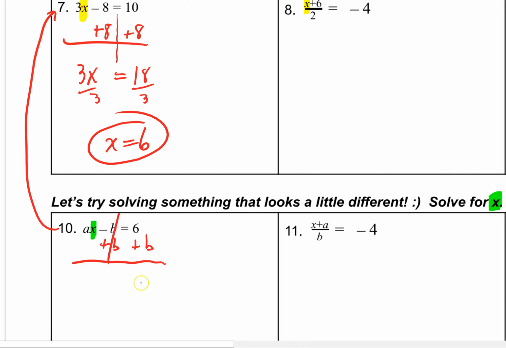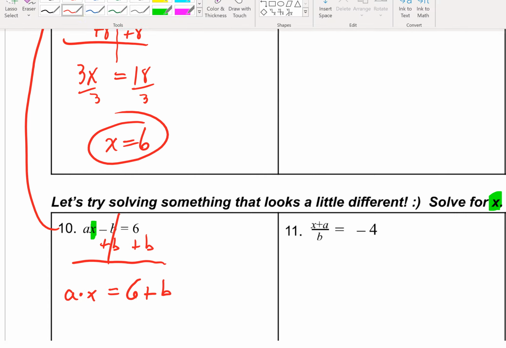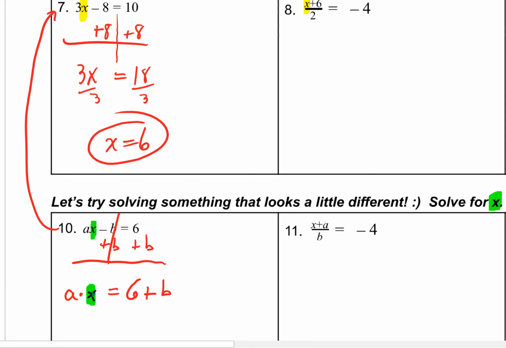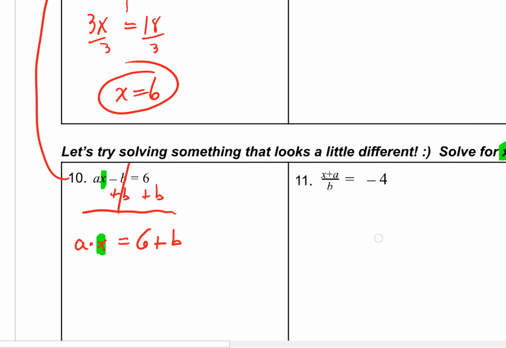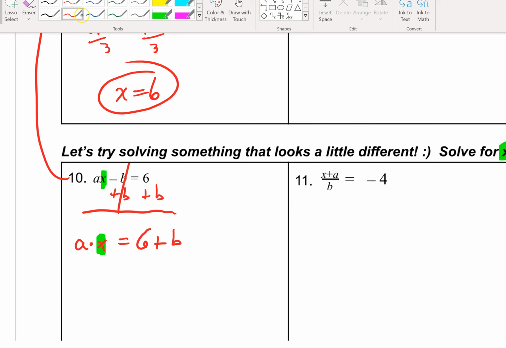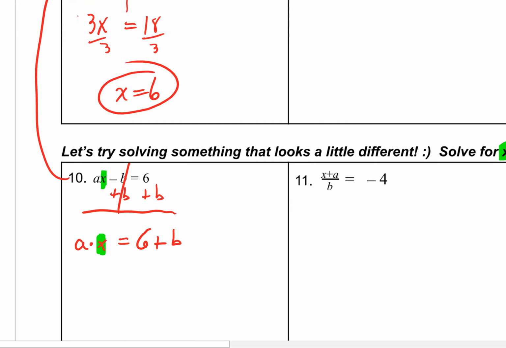We're going to add a b. You could say, well, this could be 6 plus b. By the way, you could also write that as b plus 6 if you'd like. Now, you're going to notice, guys, that what I'm writing right now is really a multiplied to x. That's really anytime a variable is next to a number. We've just talked about that. Or a variable next to a variable, that's implied multiplication.